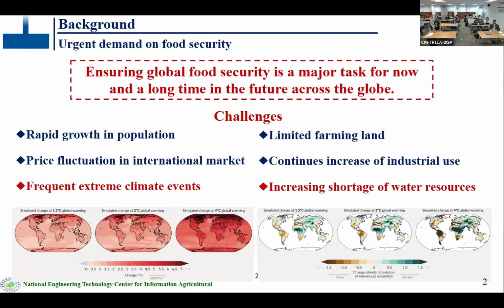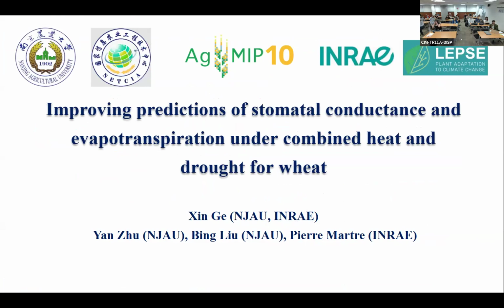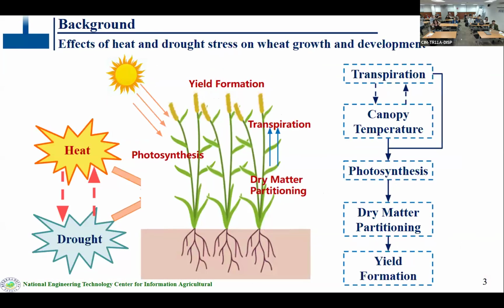Firstly, for the background, as everybody knows, there are many current challenges for global food security. Among them, heat and drought negatively affect wheat production. Heat and drought stress affect thermal conductance and then change the transpiration and the canopy temperature, thus affecting photosynthesis and dry matter partitioning, finally changing the yield formation.